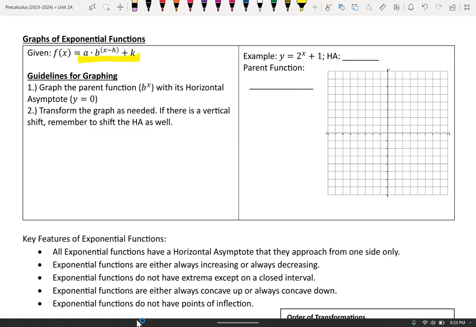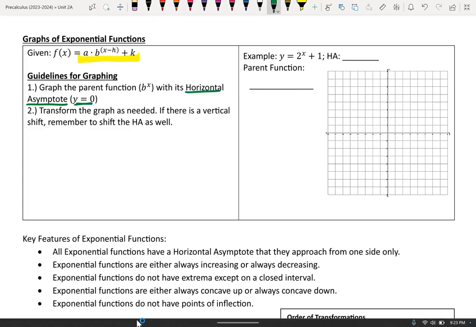So the guidelines for graphing that we're going to go ahead and have is that we want to graph the parent function, which is just going to be b to the x, so whatever our base is to the x power. And we're going to graph it with its horizontal asymptote. So every single exponential function has a horizontal asymptote, and the parent function is going to be at y equals 0.